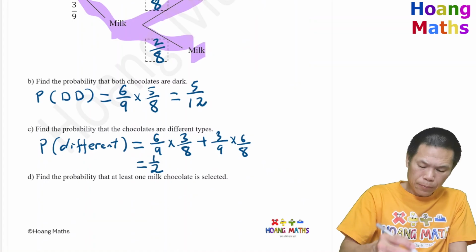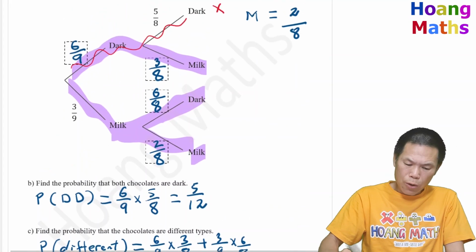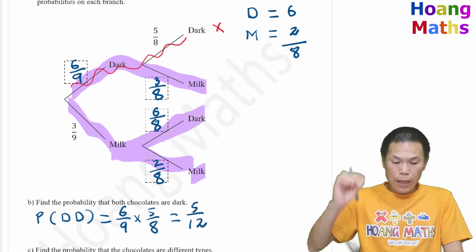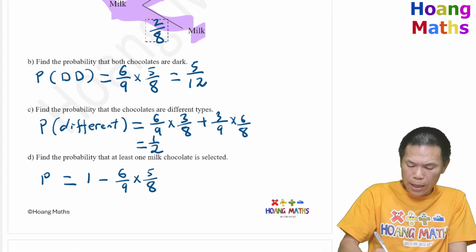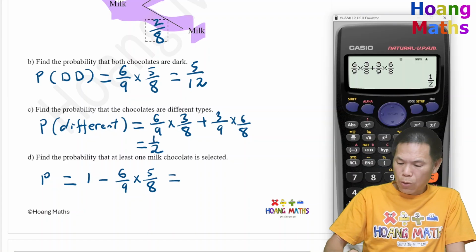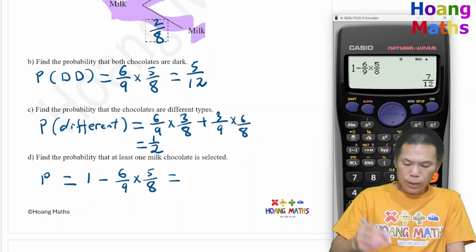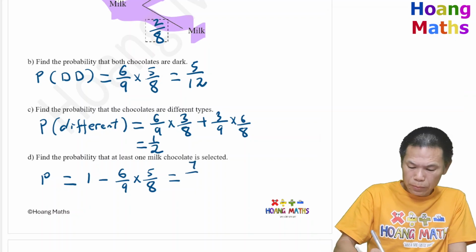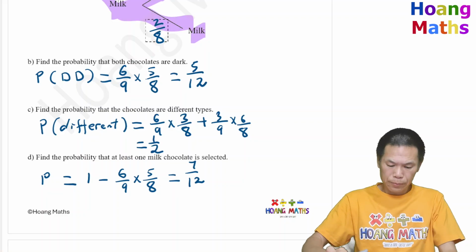The probability is equal to 1 minus 6/9 times 5/8. So we just go 1 minus 6 over 9 times 5 over 8, which is 7 over 12. So there you go.